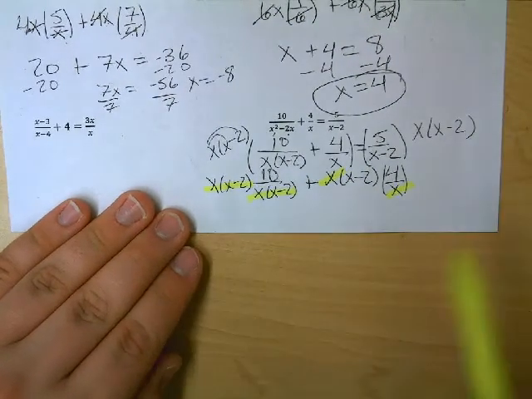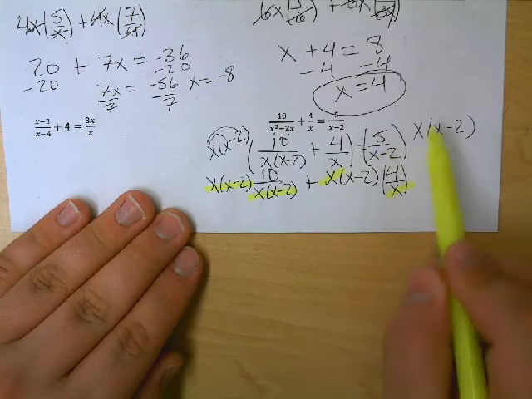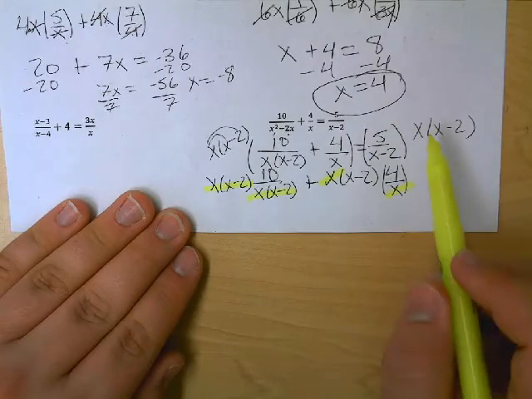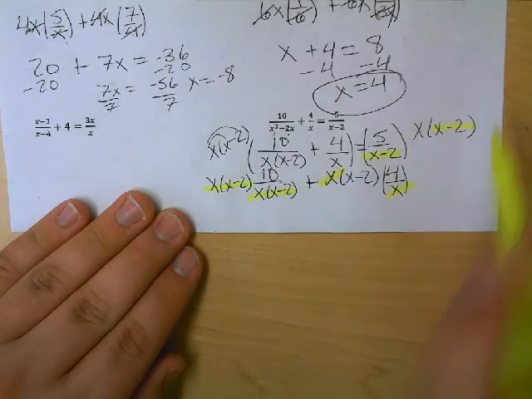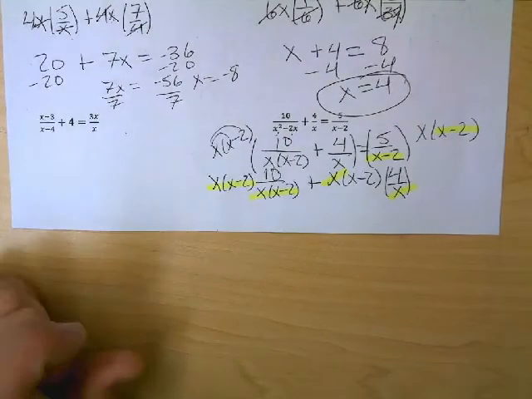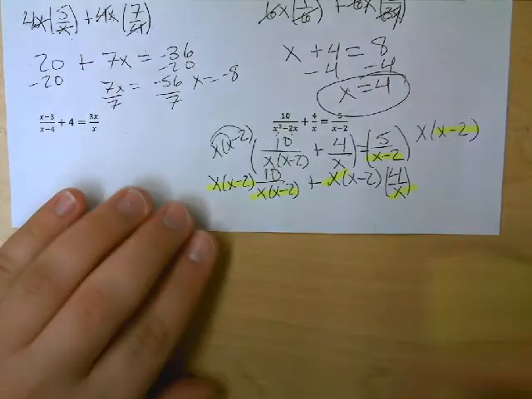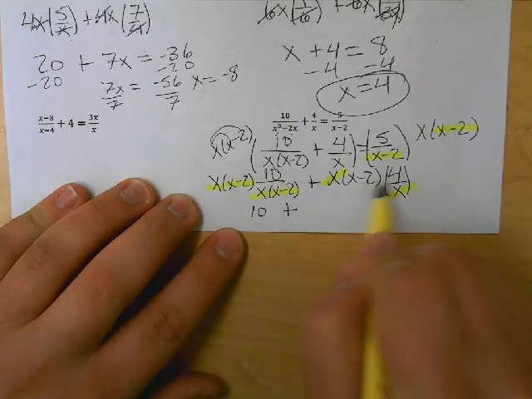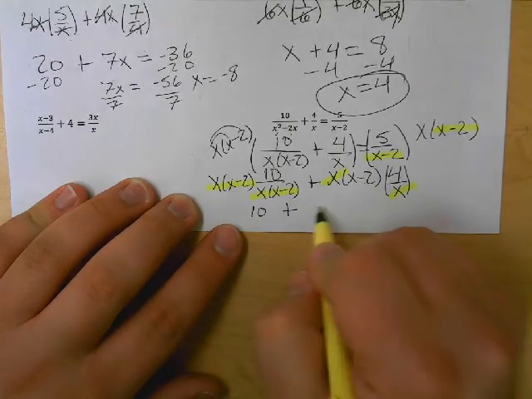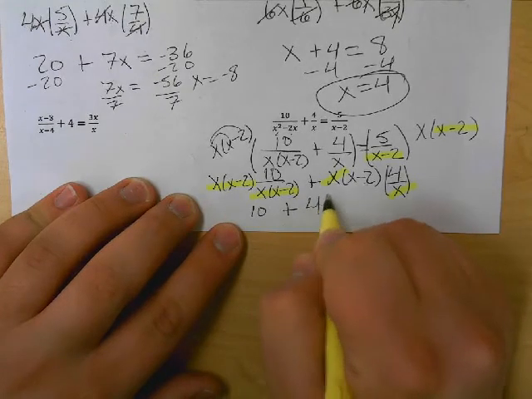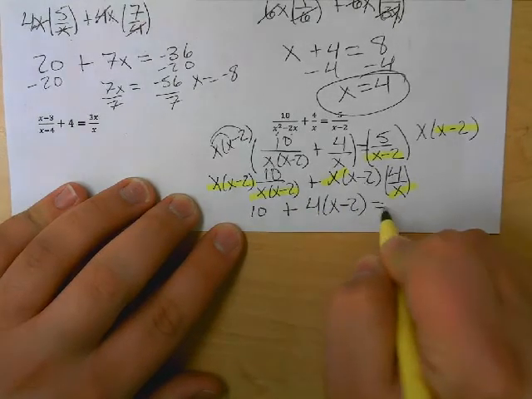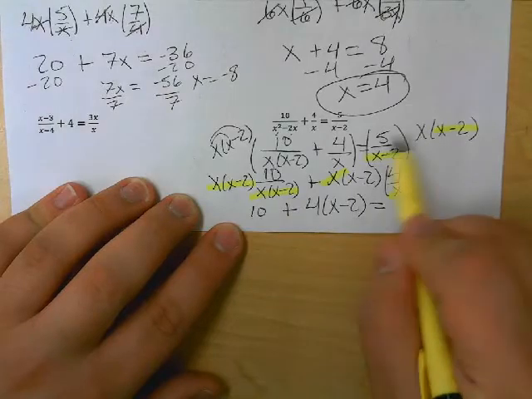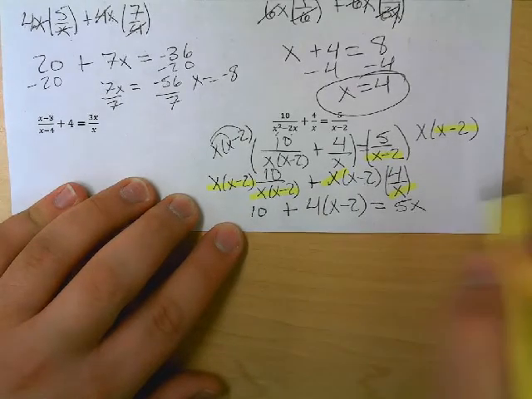All right, and on my right-hand side, what's going to cancel over here? The x minus 2. Those will cancel out. So really, I'm just left with 10 plus the x minus 2 and the 4, so 4 times x minus 2, and that equals just 5x.